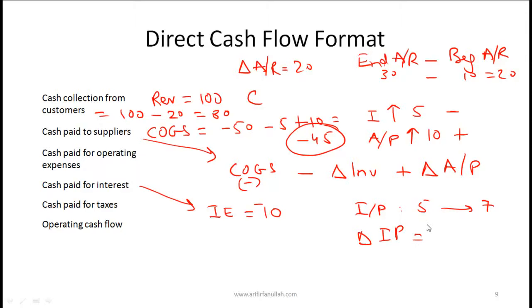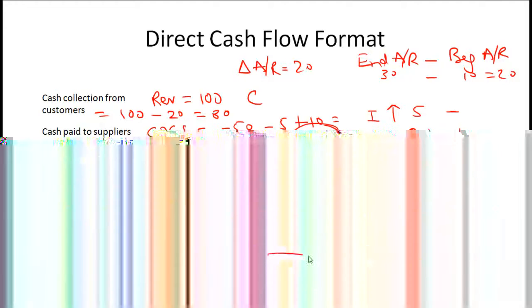The change in interest payable is end minus beginning, which is 7 minus 5, which is 2. Remember, this is a liability. An increase in liability is a source of cash. So you do minus 10 plus 2, which is the source of cash. So you have minus 8. So the cash paid is 8.